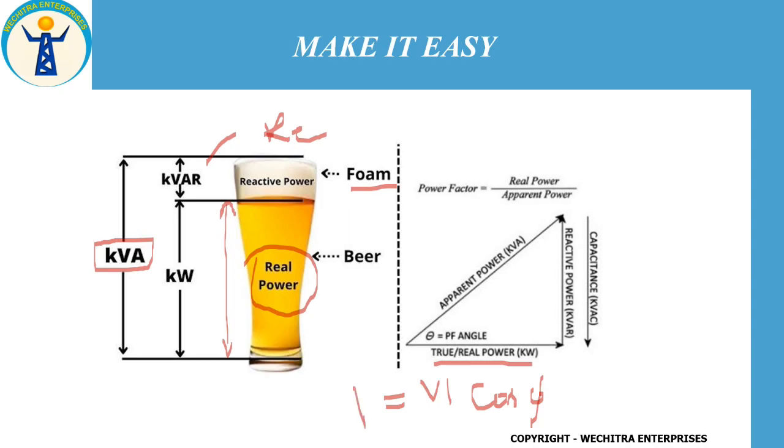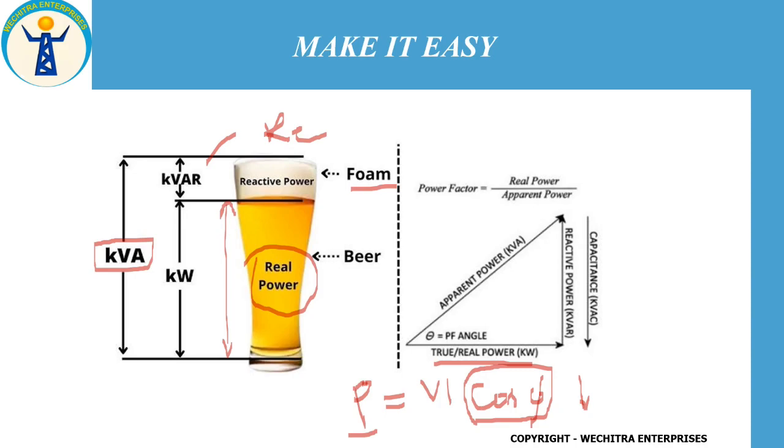But if your cos phi decreases, if your phi increases, then your real power will decrease. And again, you will pay for the whole apparent power, but you'll get less and less beer.